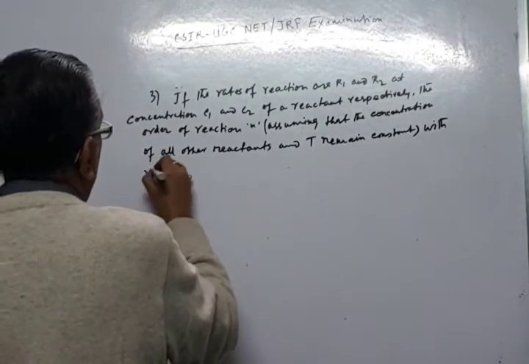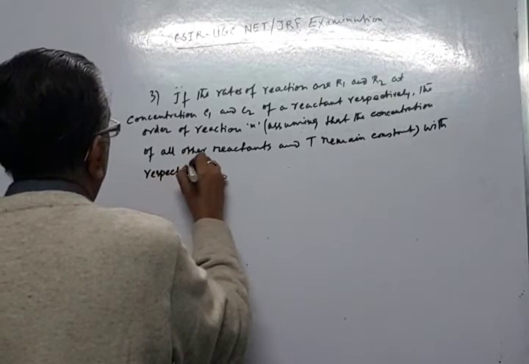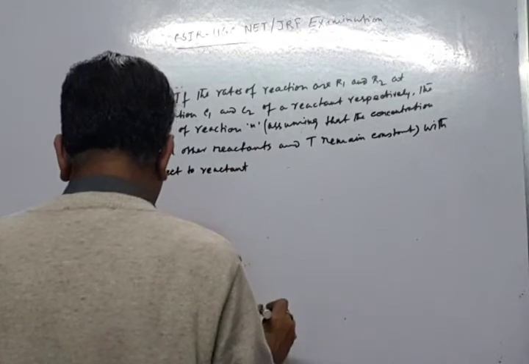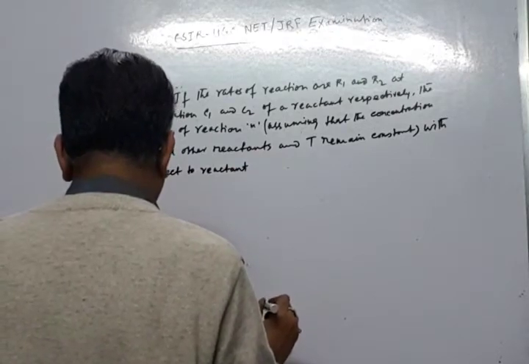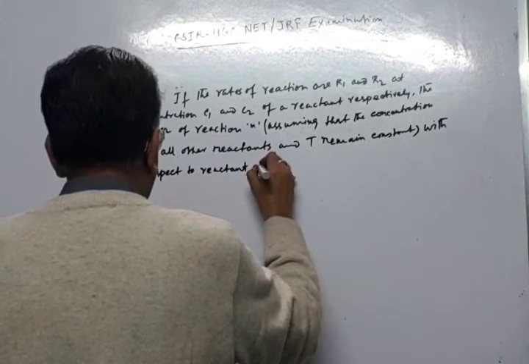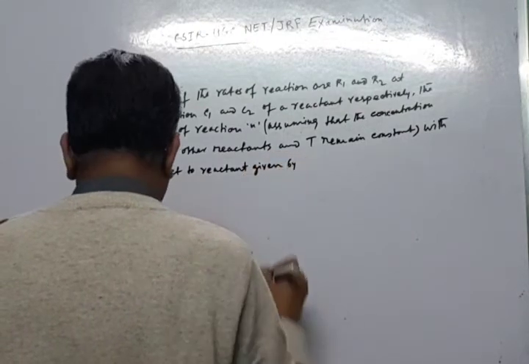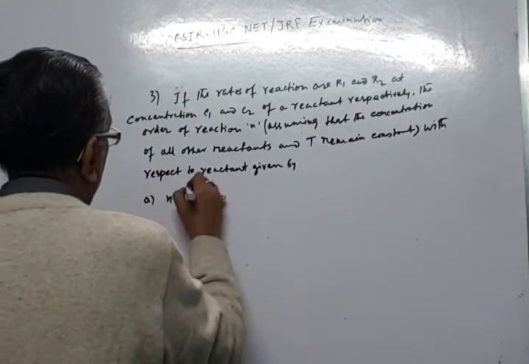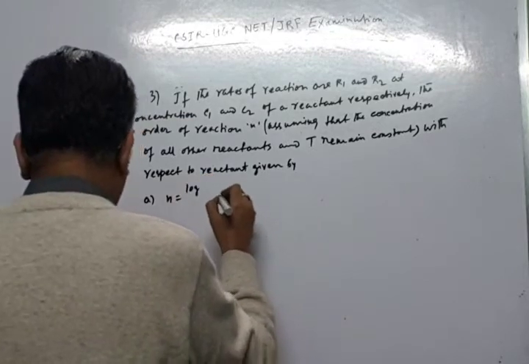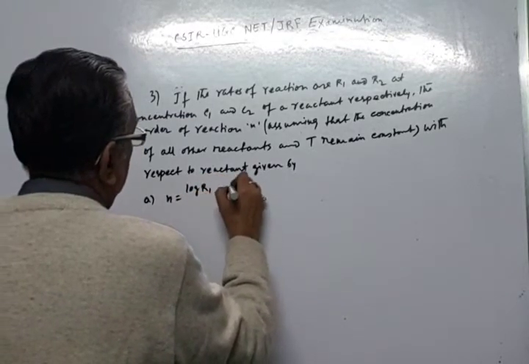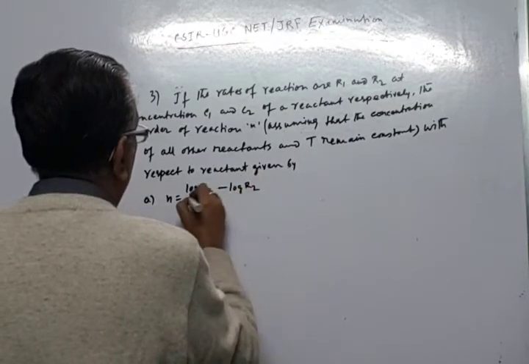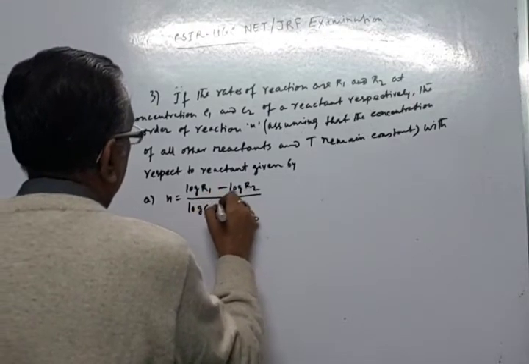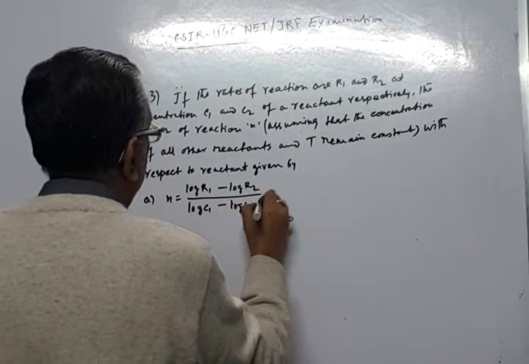A, n equal to log R1 minus log R2 by log C1 minus log C2.